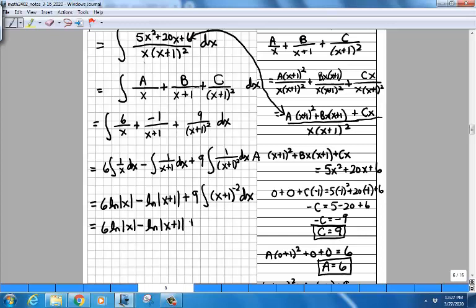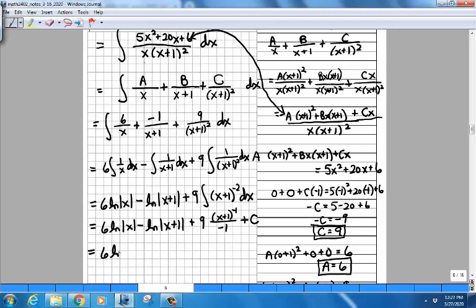And then plus, let's see, this is going to be 9 times x plus 1 to the minus 1 power. I add 1 to the exponent, and then divide by the new exponent of minus 1. Don't forget to add your arbitrary constant here.